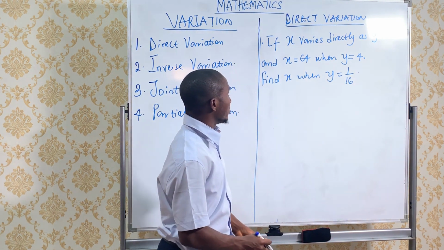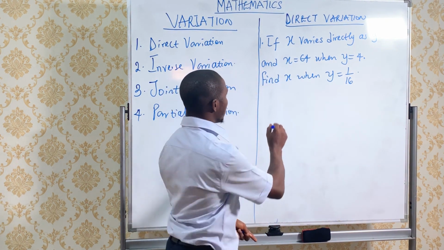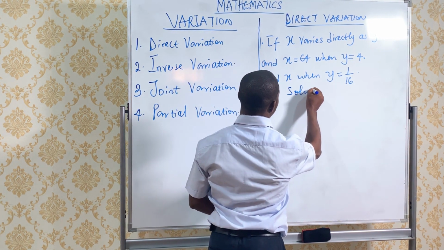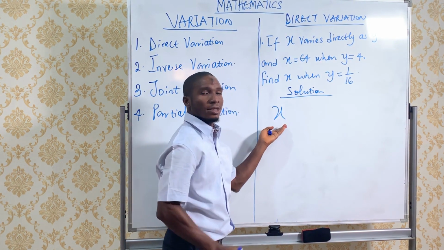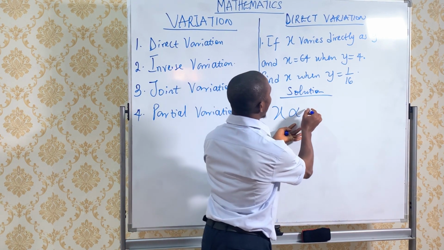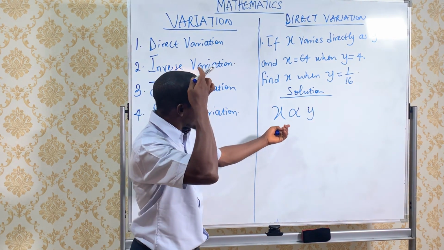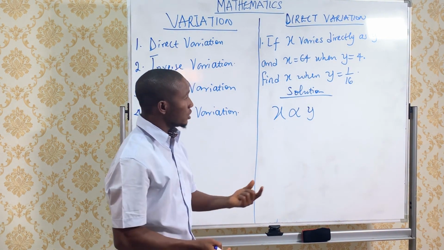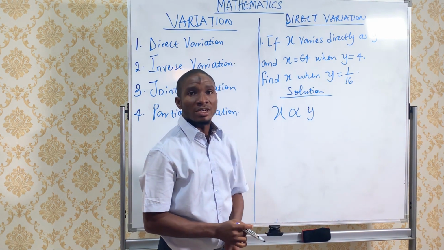The question goes thus. If x varies directly as y, solution. If x varies directly as y, this is the first statement. Now, from this first statement, the first thing we need to do is to eliminate this variation sign.